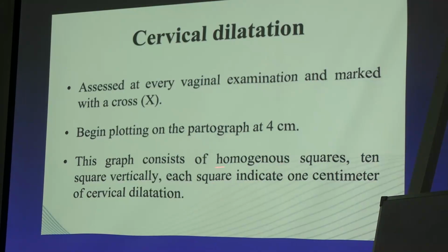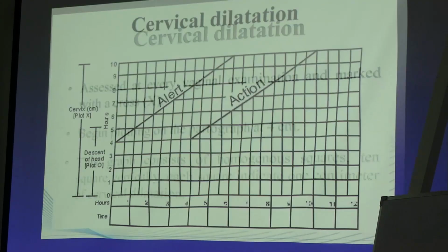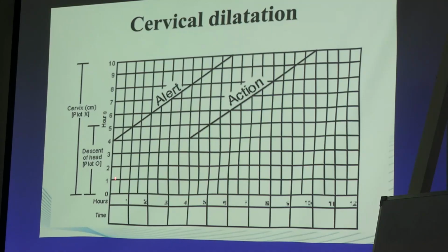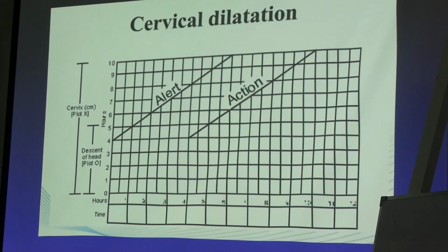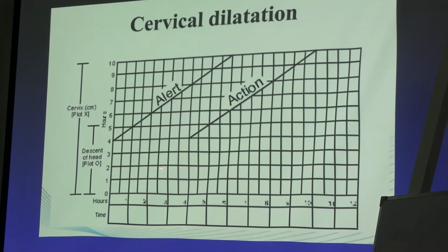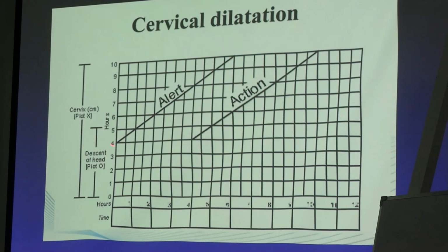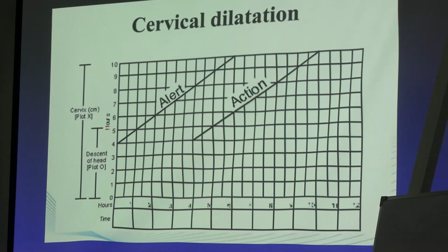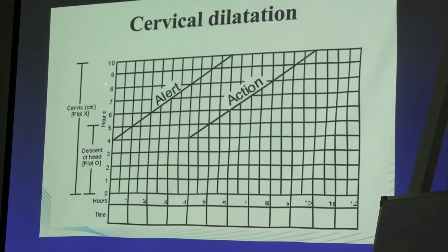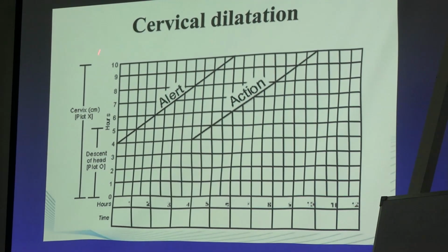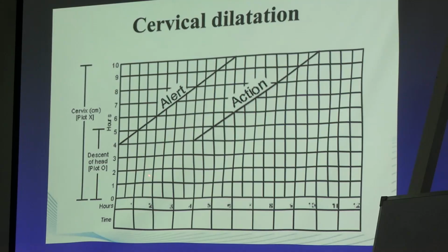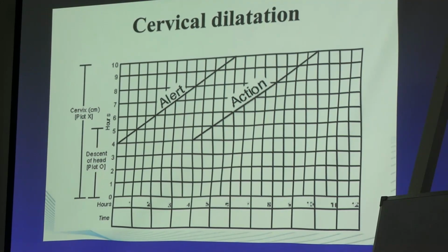Each square indicates 1 centimeter of cervical dilatation, and this is the x-axis, this is the y-axis. Here it is the time in hours, 1 hour, 2 hours, 3 hours, and here it is the cervical dilatation: 4 centimeters, 5, 6, 7 and 10. At 10, delivery will occur. And this is the descent of the head.